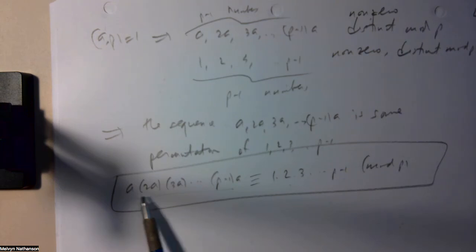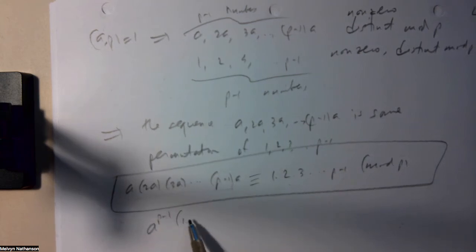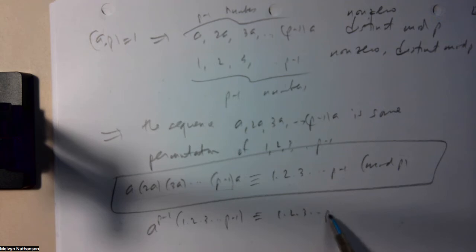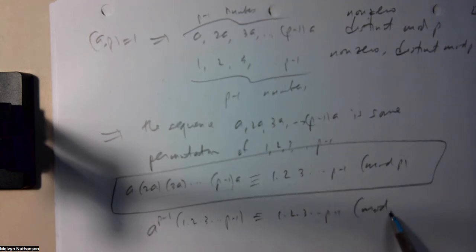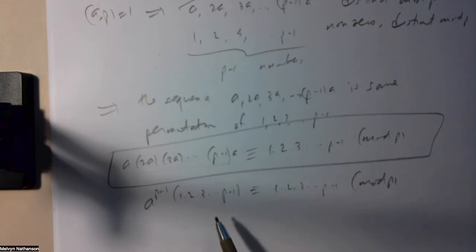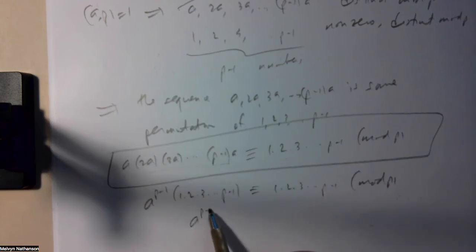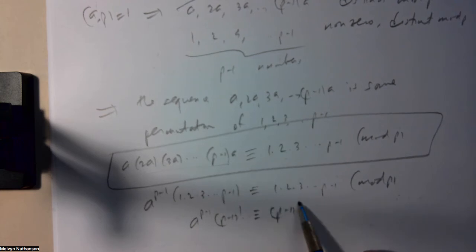Now on the left-hand side, I have a occurring in each factor, and they're p minus 1 factors. So if I factor out the a, I have a to the p minus 1 times 1 times 2 times 3 up to p minus 1, congruent to 1 times 2 times 3 up to p minus 1 mod p. Or I can use factorial notation. It doesn't really matter, but a to the p minus 1 times p minus 1 factorial is congruent to p minus 1 factorial mod p.